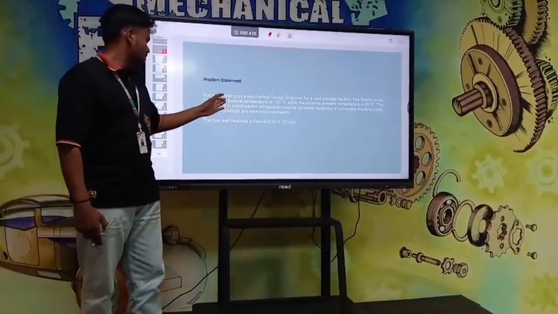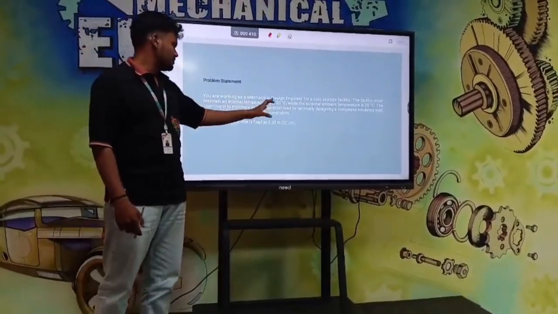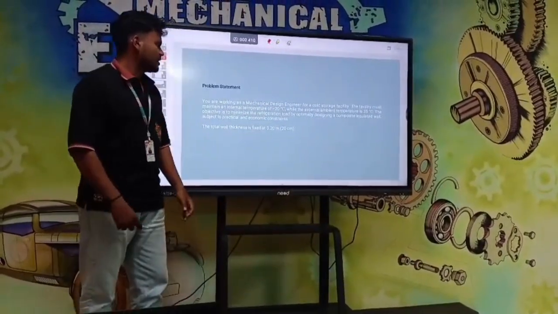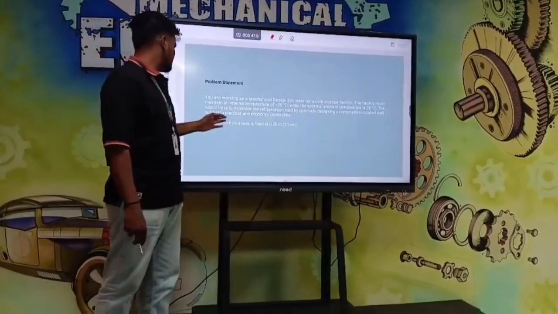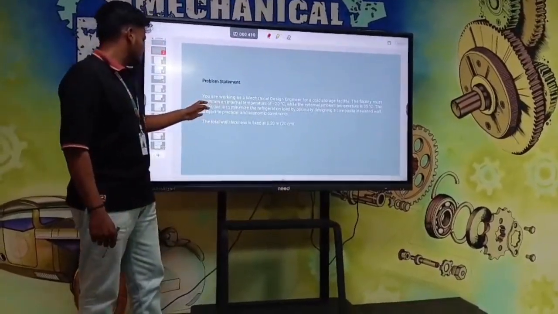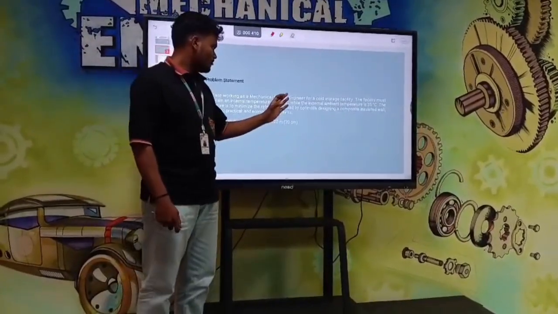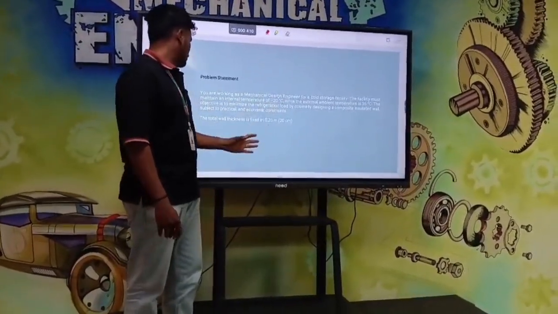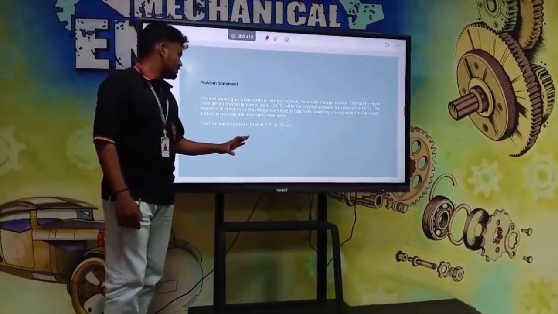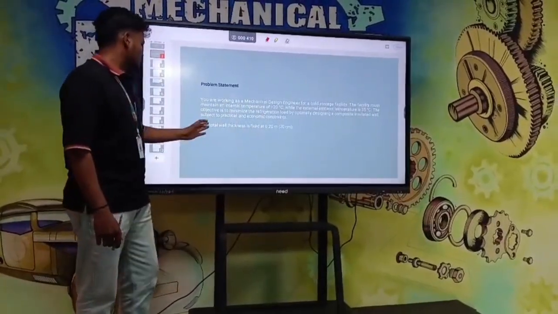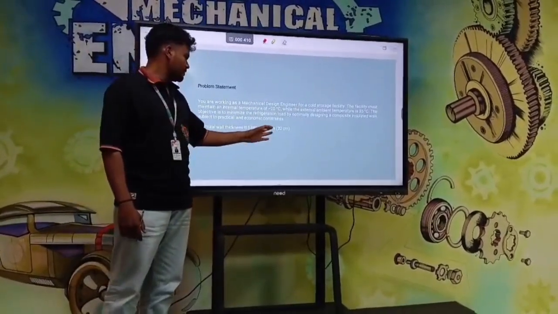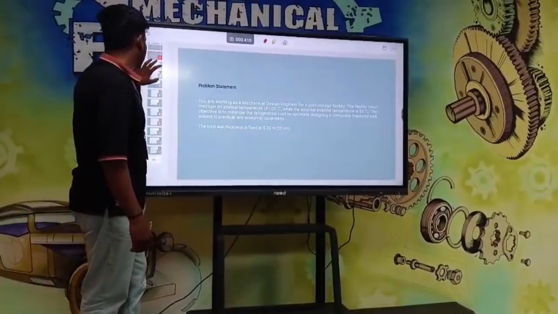The facility must be maintained at an internal temperature of -20 degrees Celsius, while the external ambient temperature is 35 degrees Celsius. The objective is to minimize the refrigeration load by optimal design of a composite insulated wall, subject to practical and economic constraints. The total wall thickness is fixed at 0.20 meter. So let's see the first step.